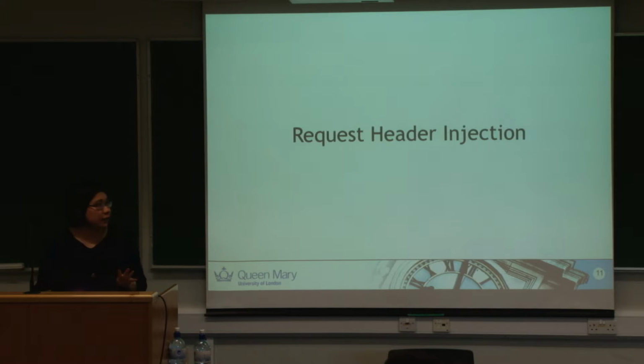Our results are in two parts. The first part is about the request header injection, and the second part is the response header manipulations. We observed lots of new header injections in our results, and some of them could represent the functions of related middleboxes, for example, proxy or cache.